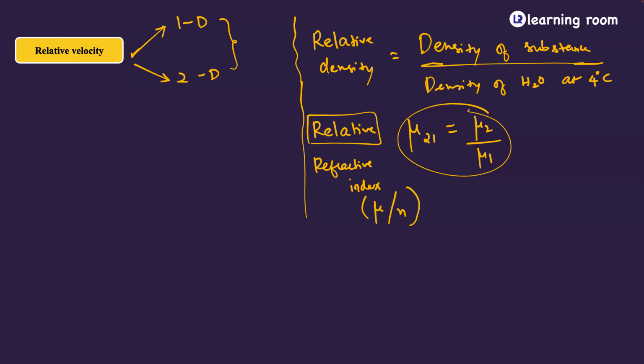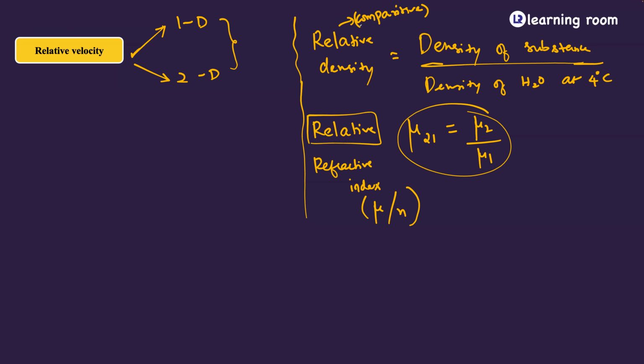Now, the main point is I'm not talking about density or refractive index, but about the prefix, which is relative. Wherever you say relative, it is always a comparative study. You're trying to compare a parameter of one object with respect to another object.